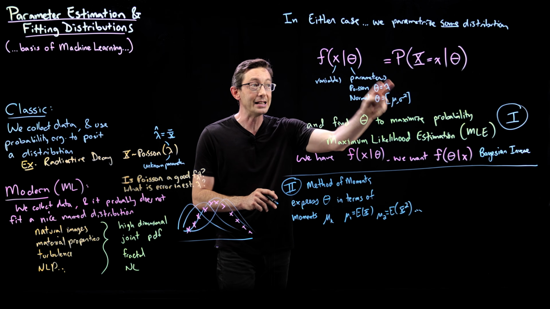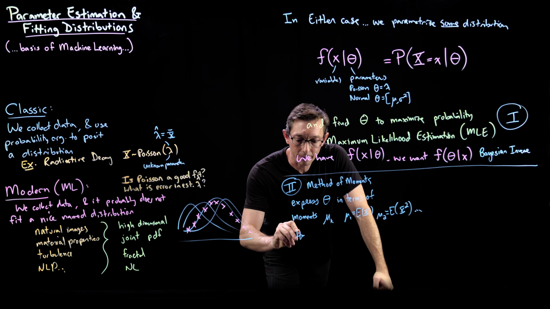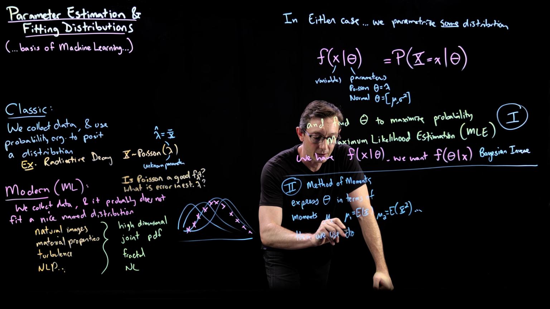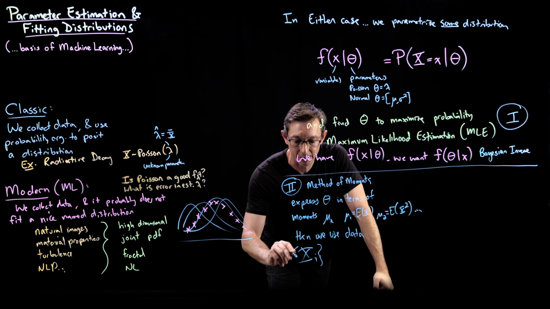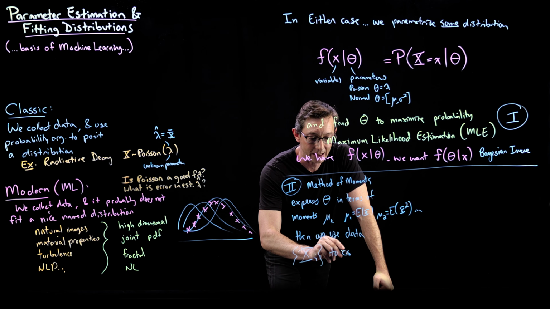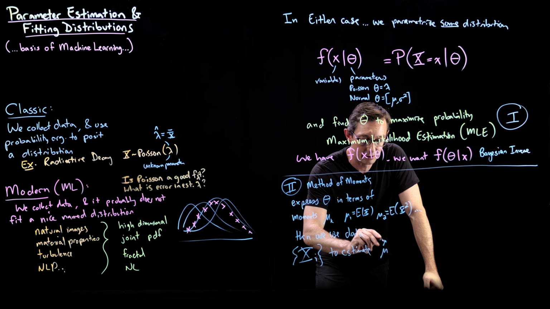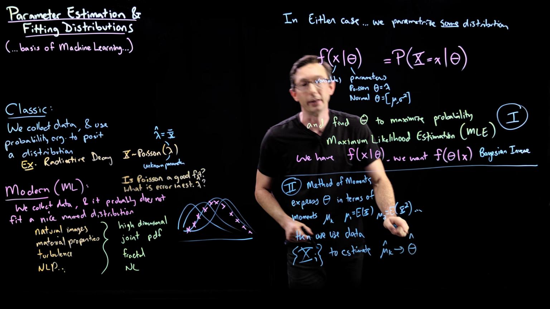So we can write down these thetas in terms of these moments, and then we use our sample data, xi, to estimate these mu's. Let's call them mu hats, and therefore we can estimate our parameters. We'll call it theta hat.